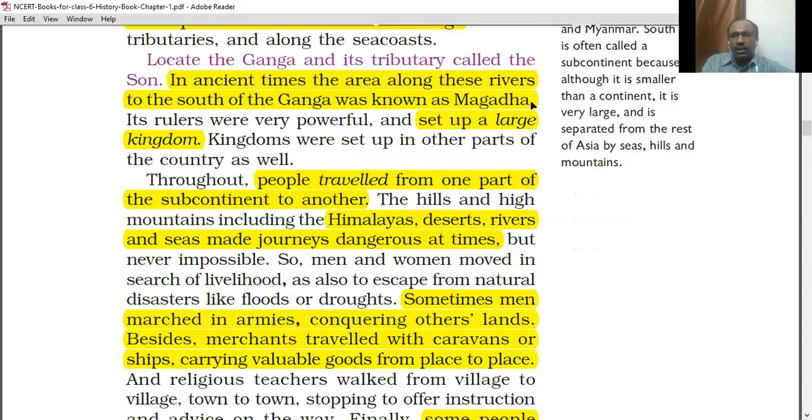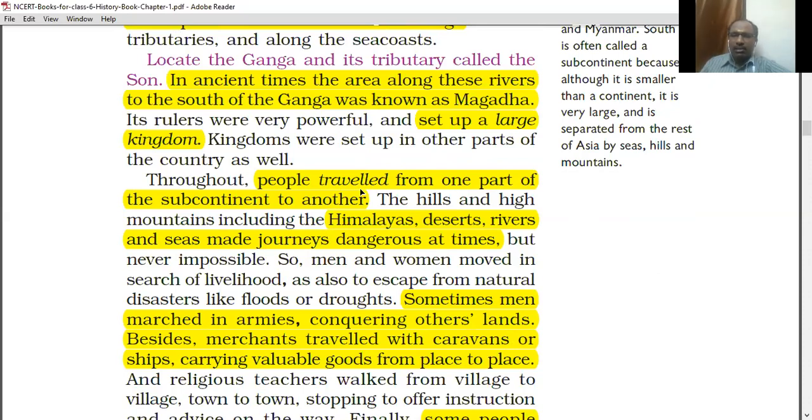Coming to this, people throughout the country traveled widely from one part to another. The hills and high mountains were very dangerous to cross. The journey was almost dangerous, but never impossible.